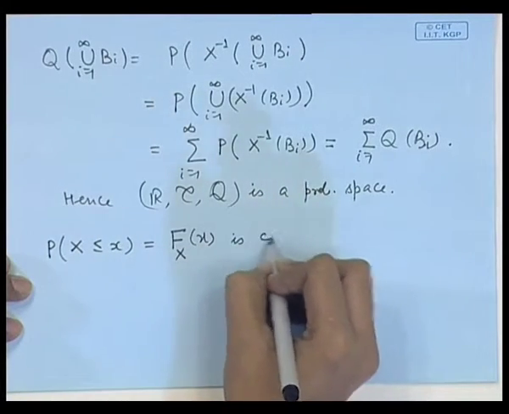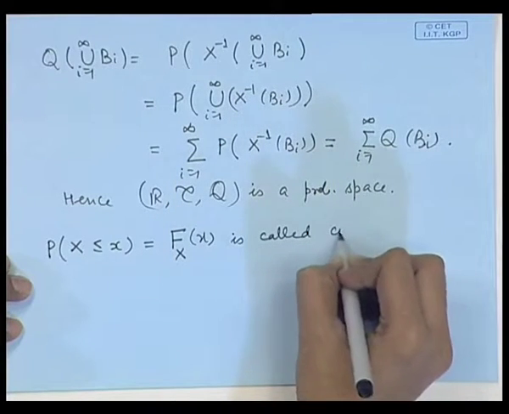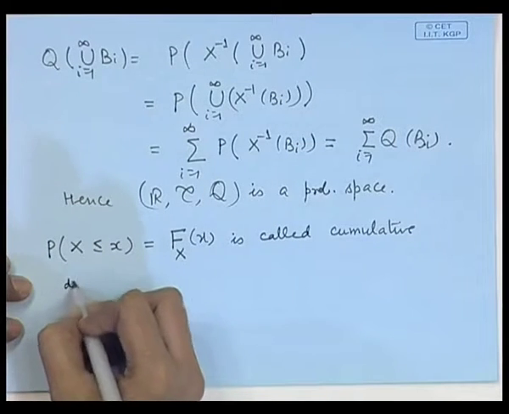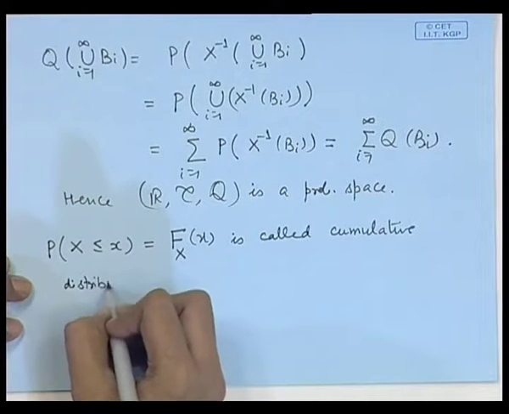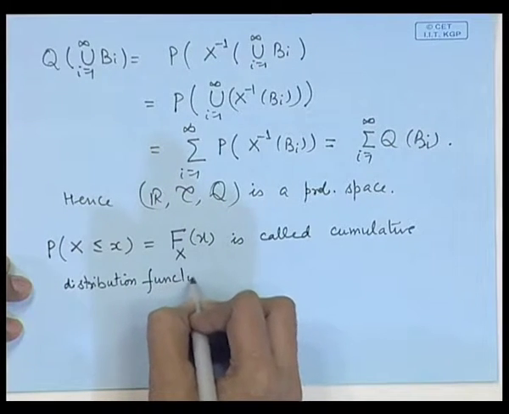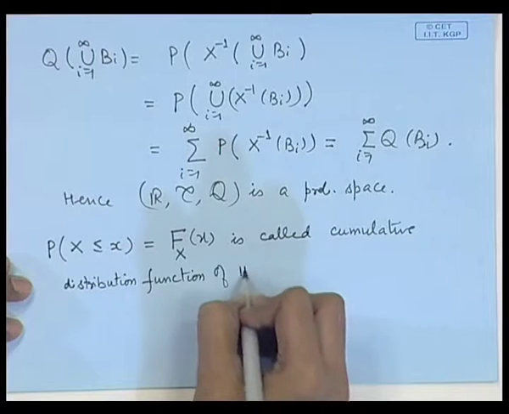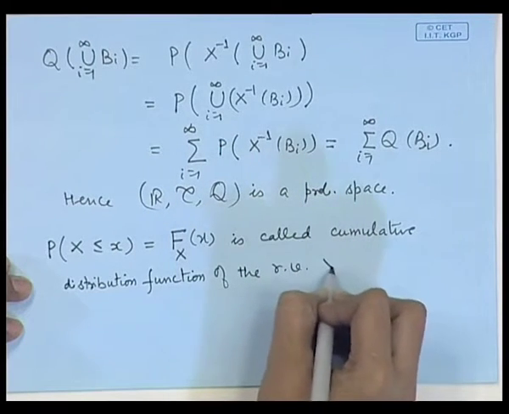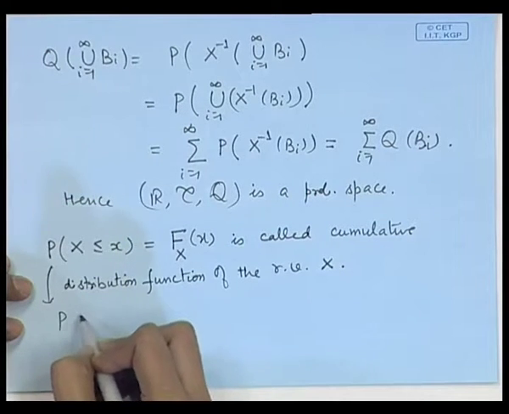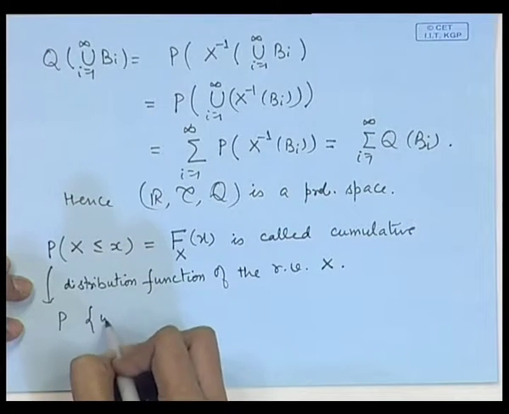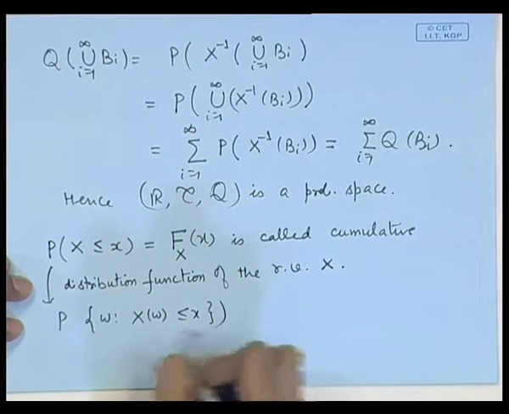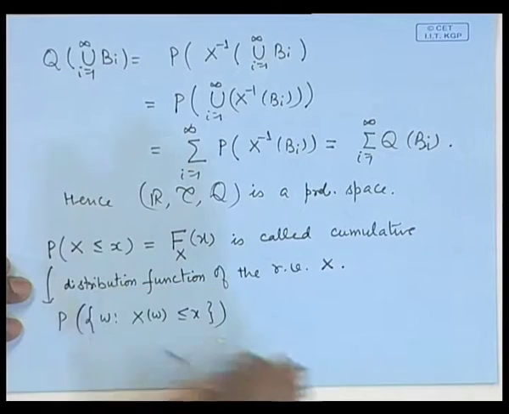This is called the cumulative distribution function of the random variable X. Basically, this is the probability of all the sample points such that X(ω) is less than or equal to x. This is an abbreviation we will be writing down like this.